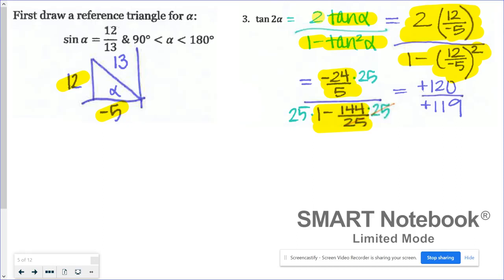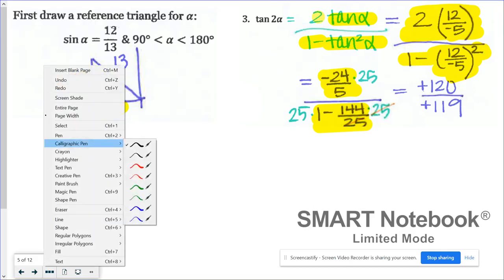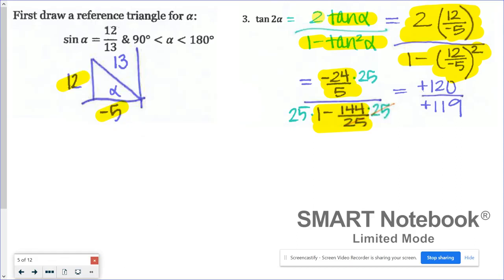Okay. And then I'm simplifying the result here. So up on top, when I multiplied negative 24 over 5 times 25, those kind of canceled out. I was still left with 5 on top. And then negative 24 times 5, that's how I got negative 120. So I'll just write it down here, negative 120.